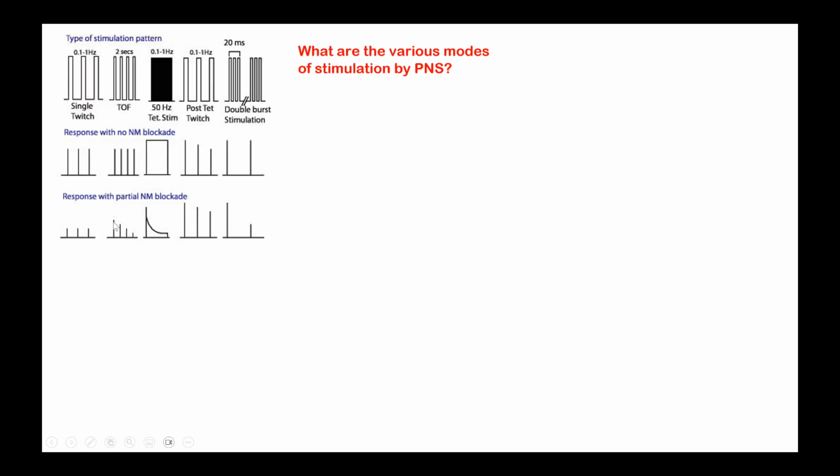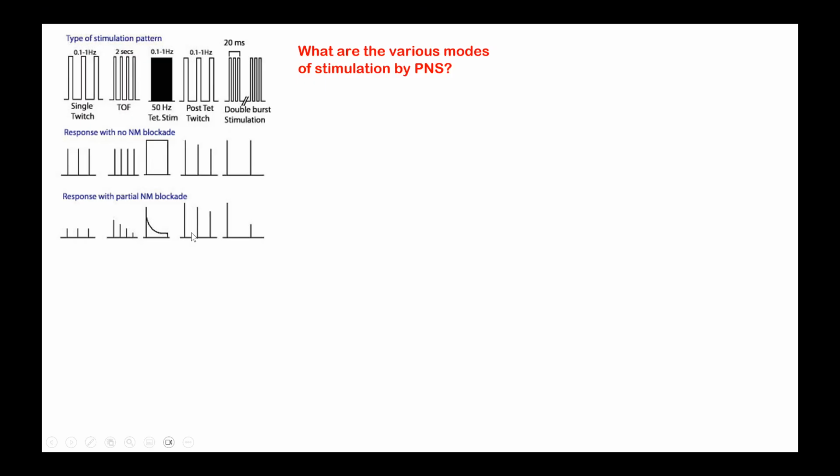So the height of contraction goes on decreasing, which is called the fade. And after tetanic stimulus, you get what is called facilitation, or improvement in the contraction after tetanic stimulus, which is a classical pattern you will see in the non-depolarizing type of muscle relaxation.